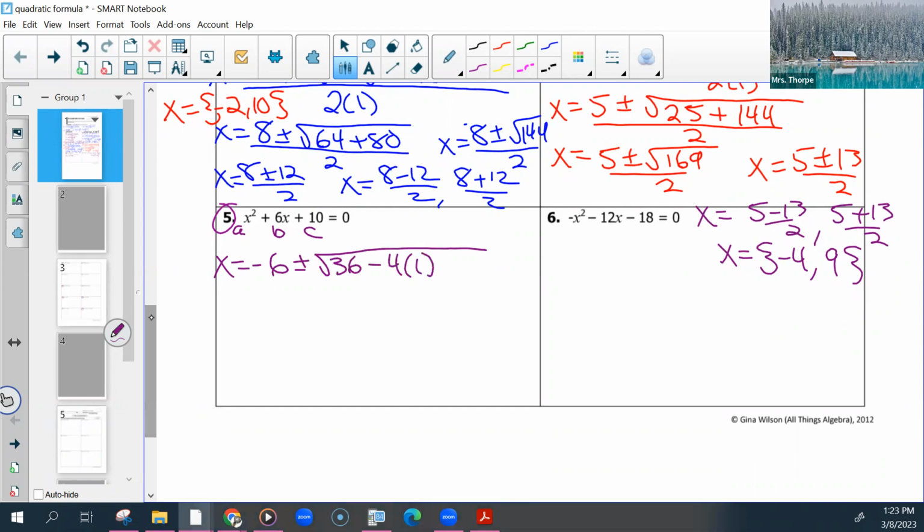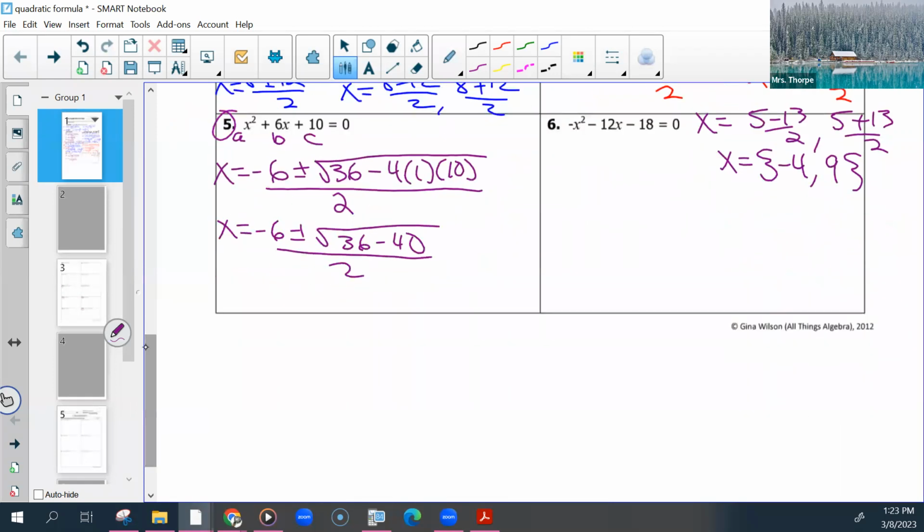Minus 4 times 1 times 7, all over 2 times 1, which would just be 2. What all of that would be? This would just be -28. 36 minus 28. And then we have a negative.